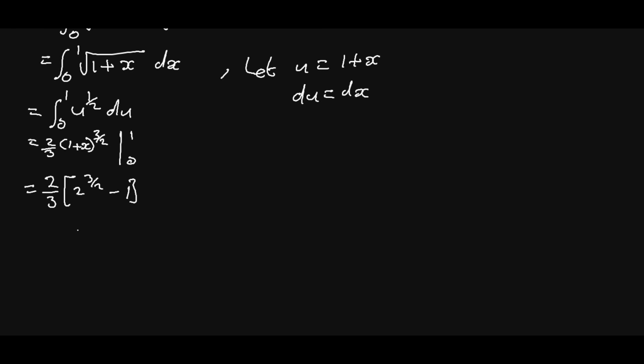So this is equal to 2 over 3 times the square root of 8 minus 1. Okay, I'll leave my answer here. So this will be the first example. Let me quickly try to do another example.